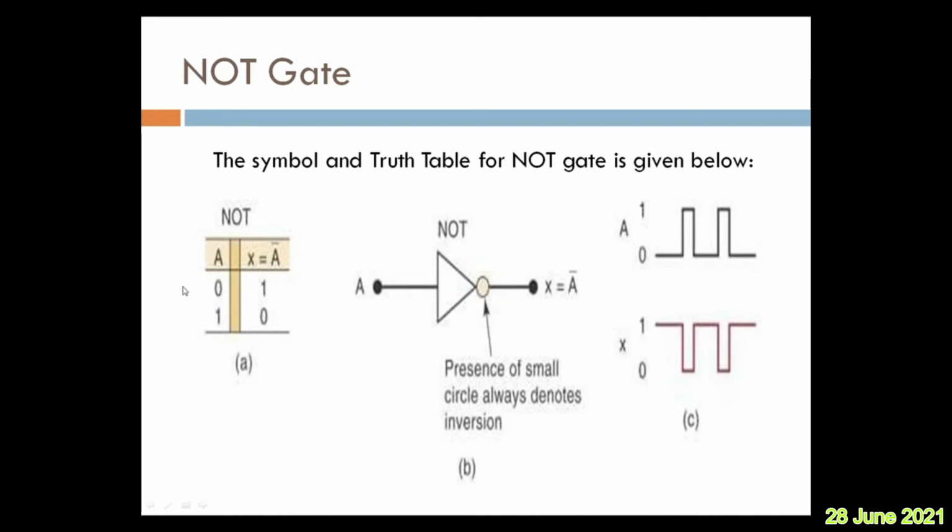A is the input and X is the output. If A is 0, then the output is 1. If A is 1, then the output is 0. That is how it is explained in the NOT gate.